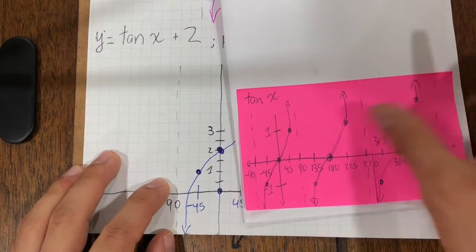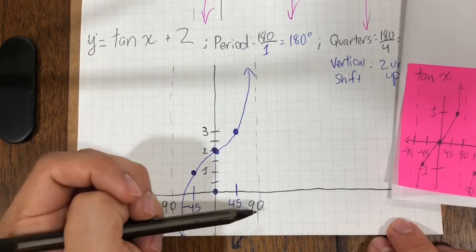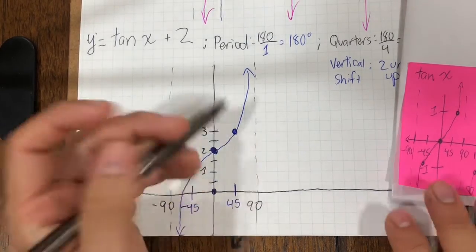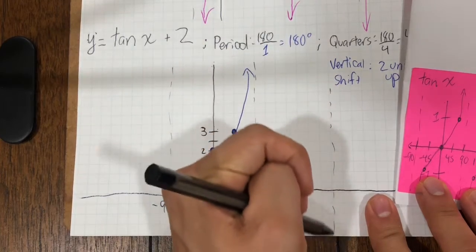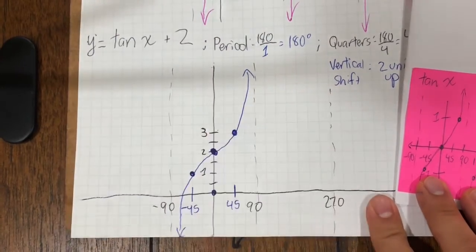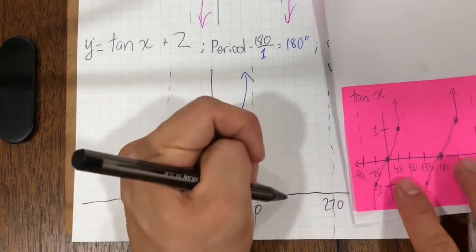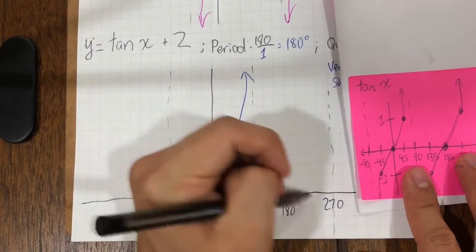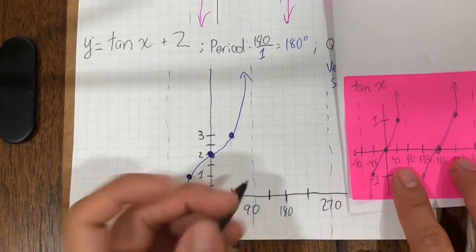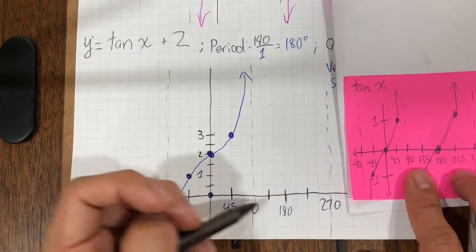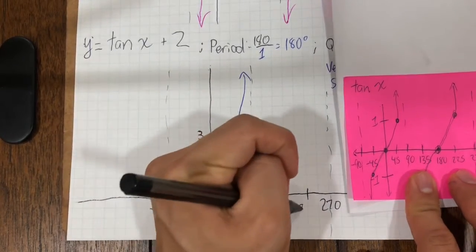So we have our other two. All right, so we have two asymptotes from 90 to 270. So I'm gonna make my other asymptote. So we have 270. And then we have our midpoint, which is 180. And then our two halves for the middle point, which are gonna be 135 and 225.